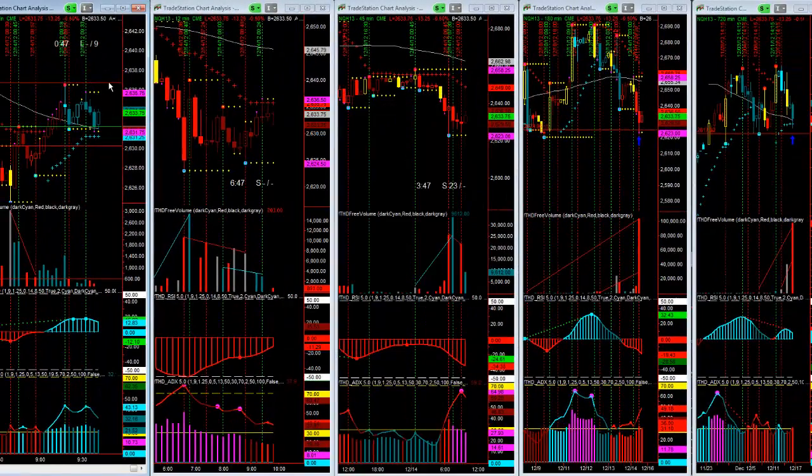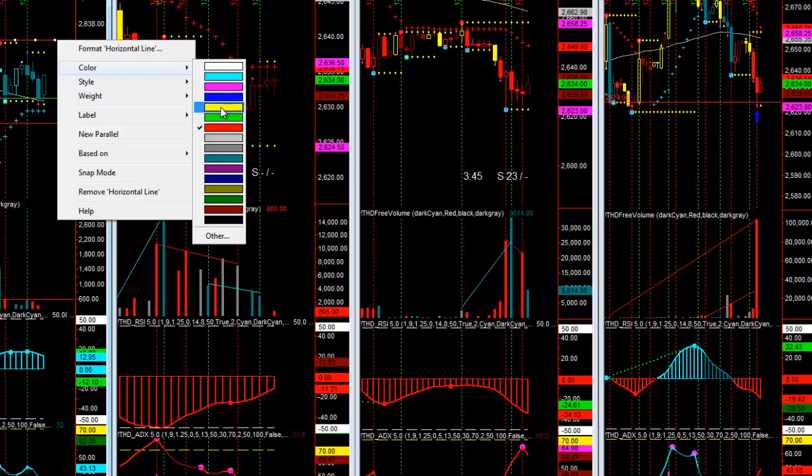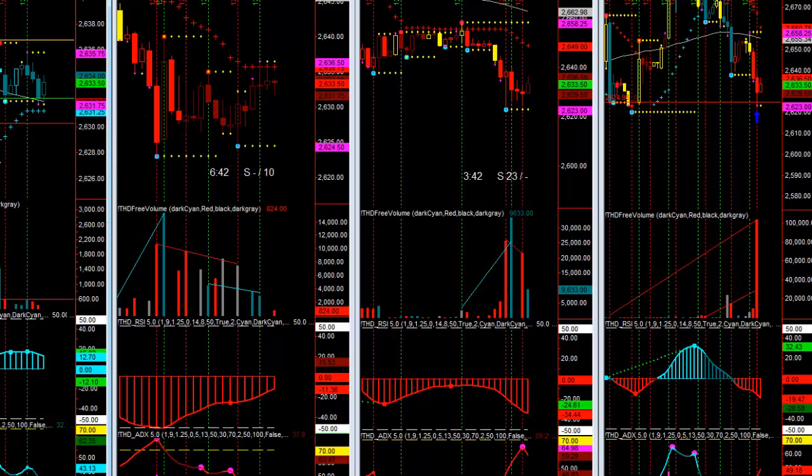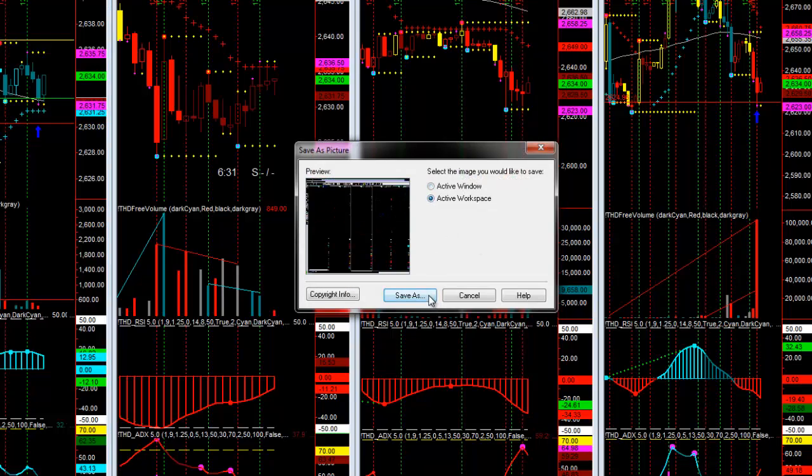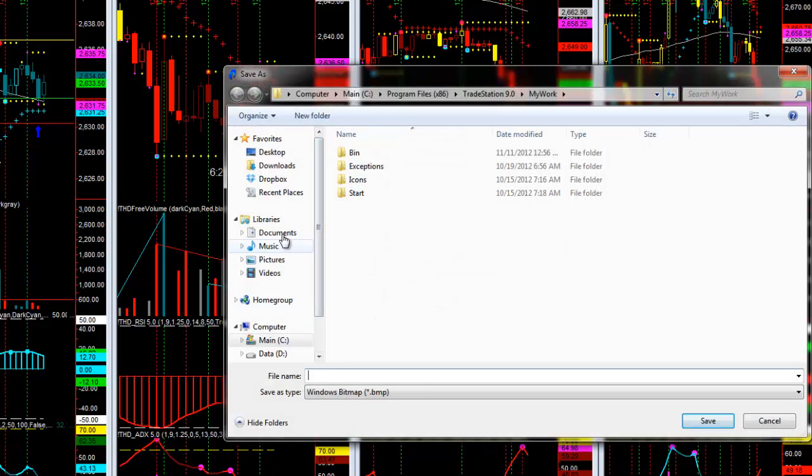And I will make that yellow. I'll put my entry arrow right there. That's where I entered on the close of that bar. And I have time because price is going up, so we'll do a quick picture to document the trade.